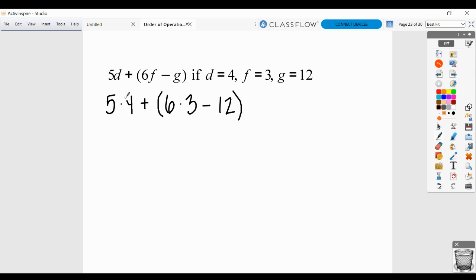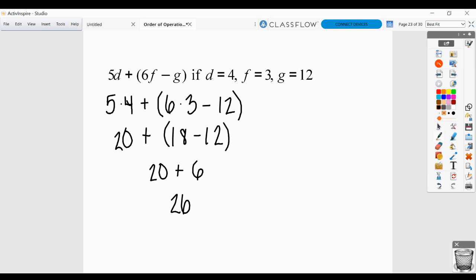Okay, you can do the 5 times 4 first just to simplify that down into 20. 6 times 3 would be 18 minus 12. Still want to do the 18 minus 12 first because it's in the parentheses. 18 minus 12 is 6, plus 20 is 26.